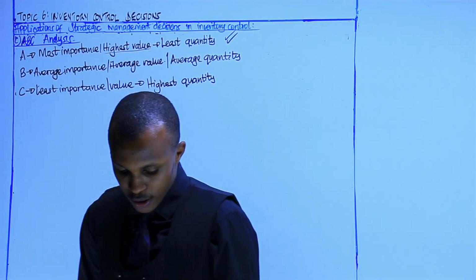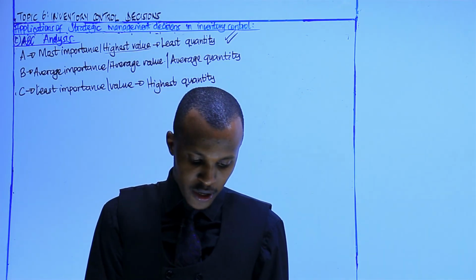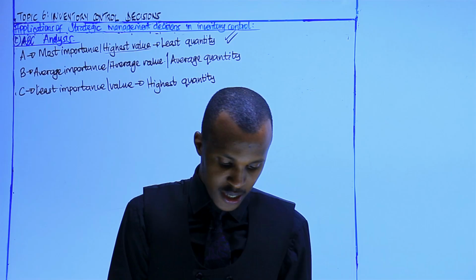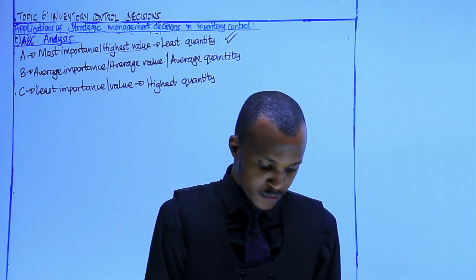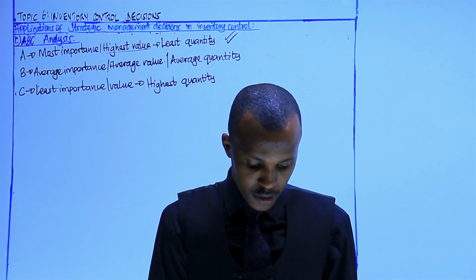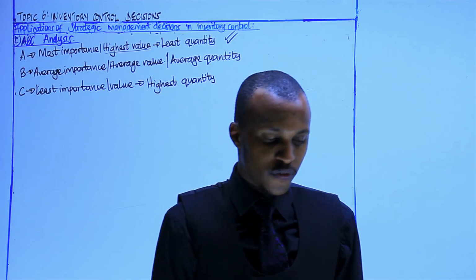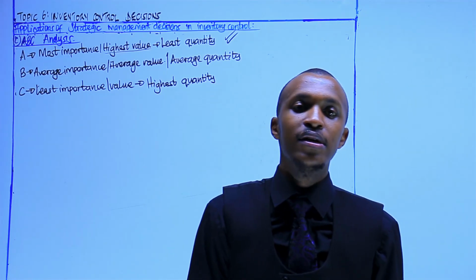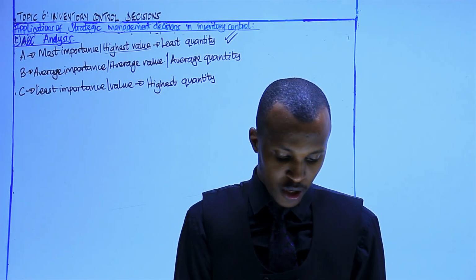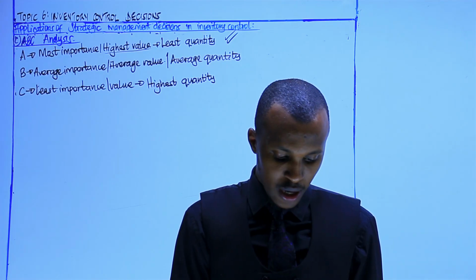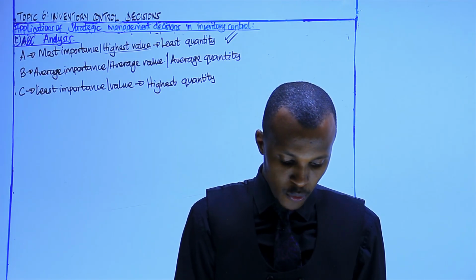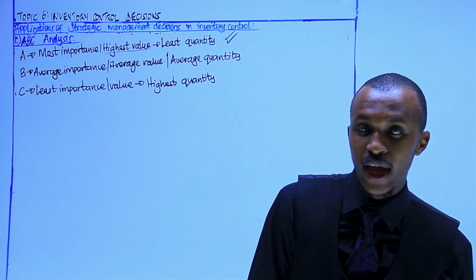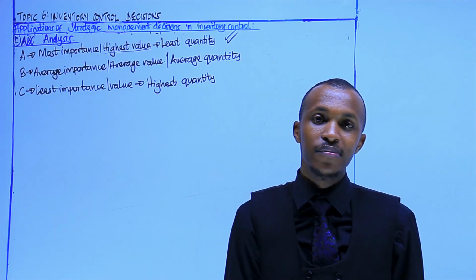The disadvantages of ABC analysis here is that you may have issues of oversupply or under supply. Why? Because you're looking at the value of an item, not the demand of that item.